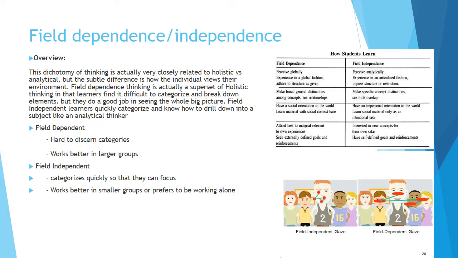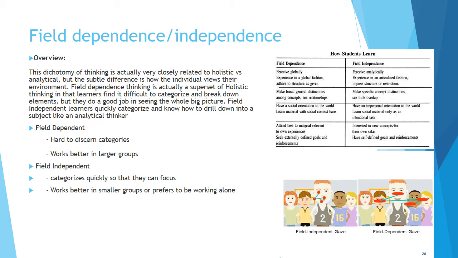Field dependence means that they're actually very dependent on the whole field of information. So on the bottom right, you can see that maybe the brain, as it's processing information, doesn't quickly categorize. It just looks at the field as a whole, and then you can see that in a gaze that they're going to be looking across the spectrum of the field.